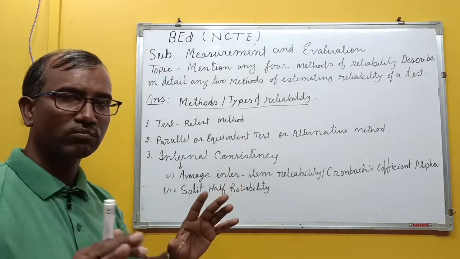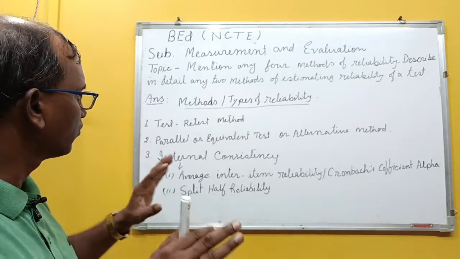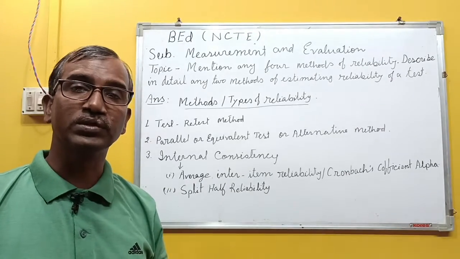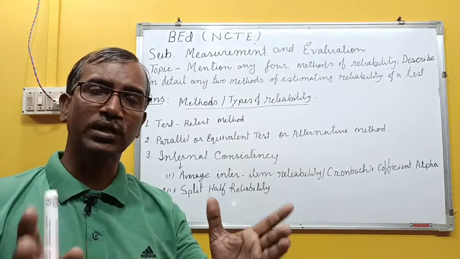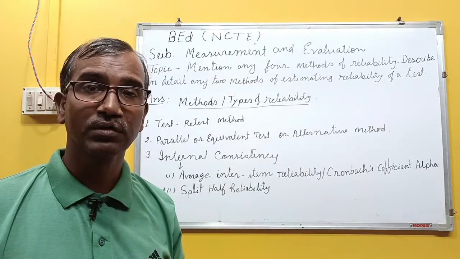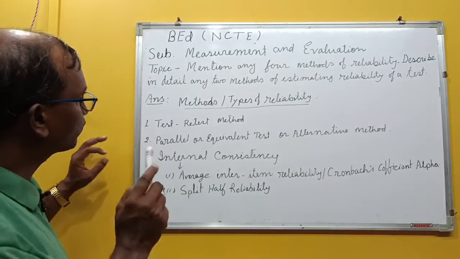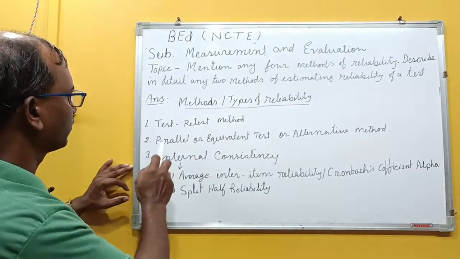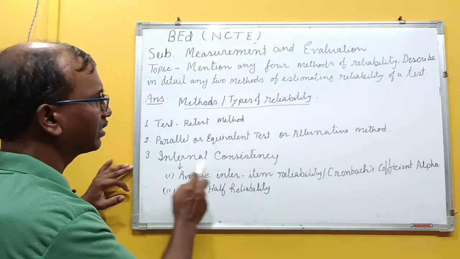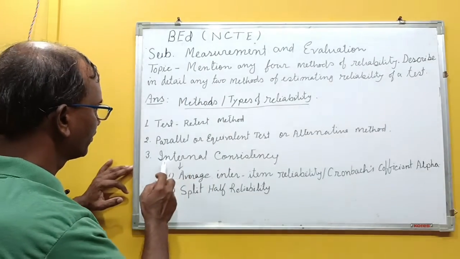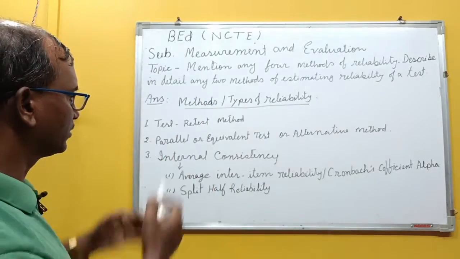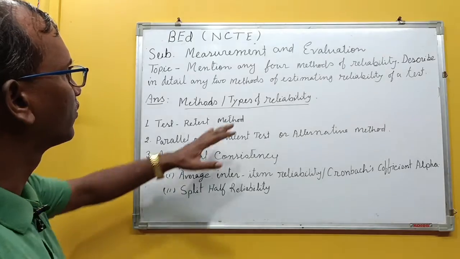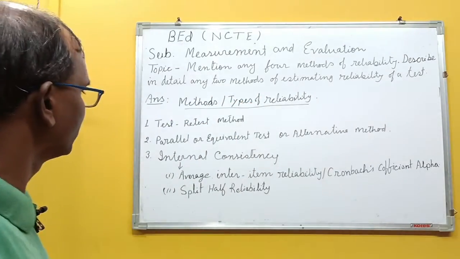There are 4 or 5 or 3 in different books. You will see the types or methods of reliability written in different ways. In some books, very easily you will see test-retest method, parallel test method, internal consistency. These 3 are the basic methods of estimating reliability of a test.